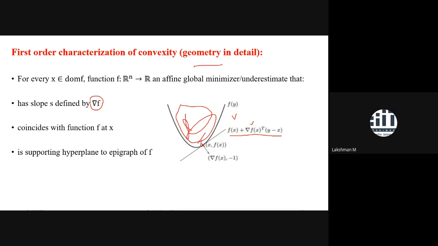Another geometry: if you take -1 along with the gradient, it will provide the normal direction to the epigraph. Here you can observe that normality is coming.